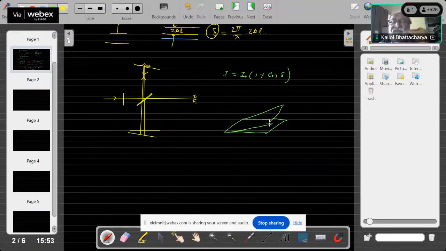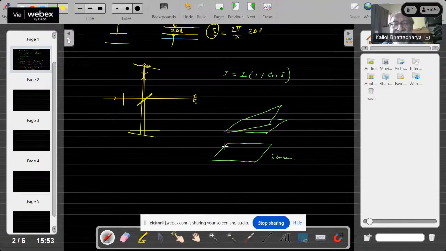They are interfering between themselves and superposing on the screen, and we have seen that we will see fringes. This is my screen. The question is, what is the direction of fringes?